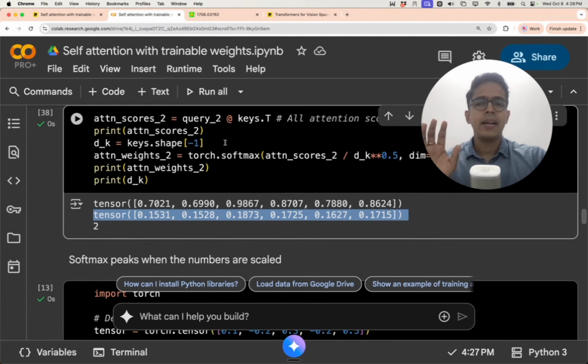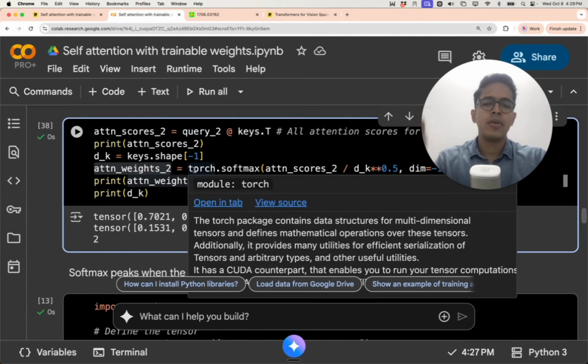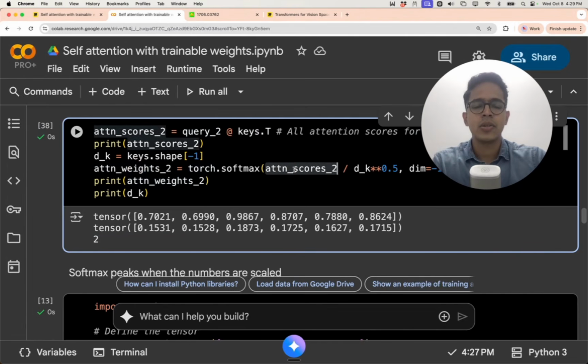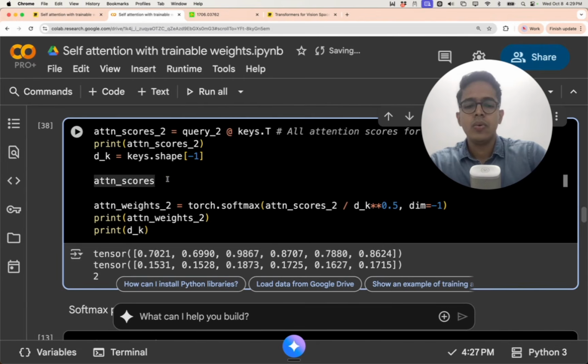For that, we have to do what? Instead of query underscore 2 multiplied by keys dot transpose, and instead of just normalizing attention weights for just the second item, we have to do that for all items. So instead of attention scores underscore 2, I should do something like this. Attention scores equal to query multiplied by keys dot transpose.